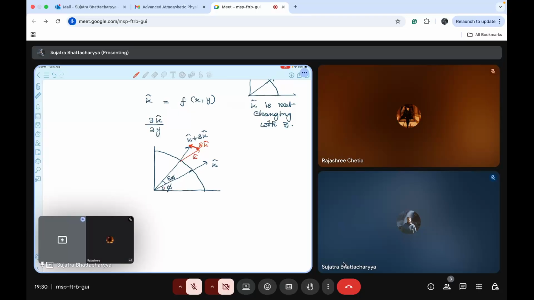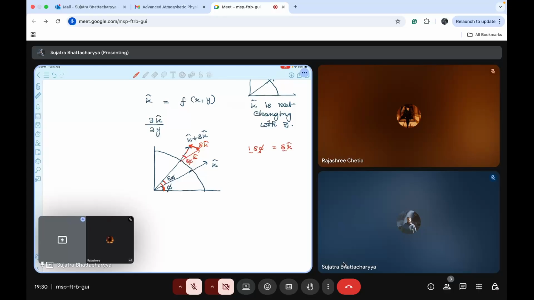This is delta phi, and this will also be delta phi because this is the angle between them. The magnitude of k hat is 1. So can we write 1 times delta phi is delta k hat?